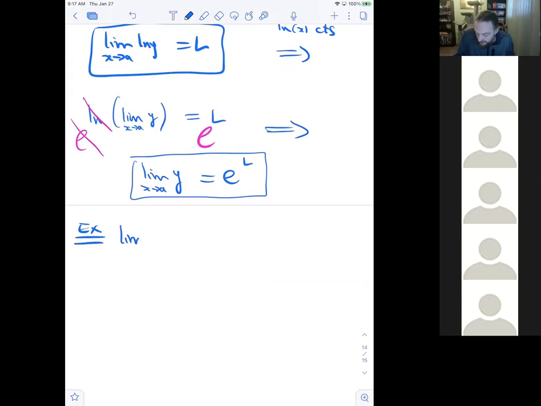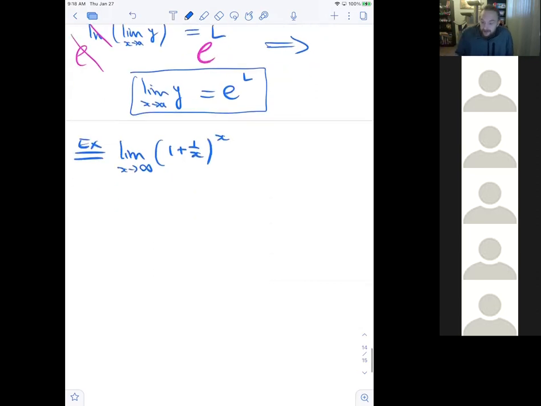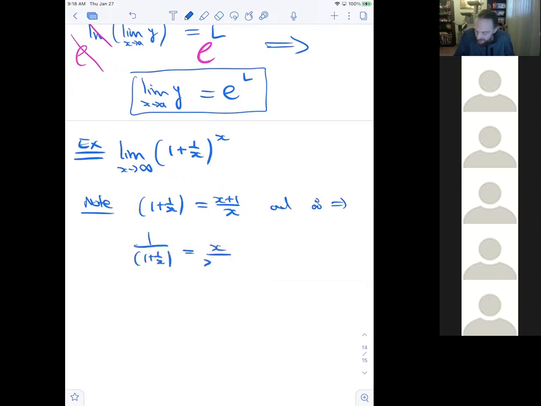The limit as x approaches infinity of 1 plus 1 over x to the power x. Before I start, note 1 plus 1 over x is equal to x plus 1 over x, and therefore 1 over 1 plus 1 over x is equal to x over x plus 1.